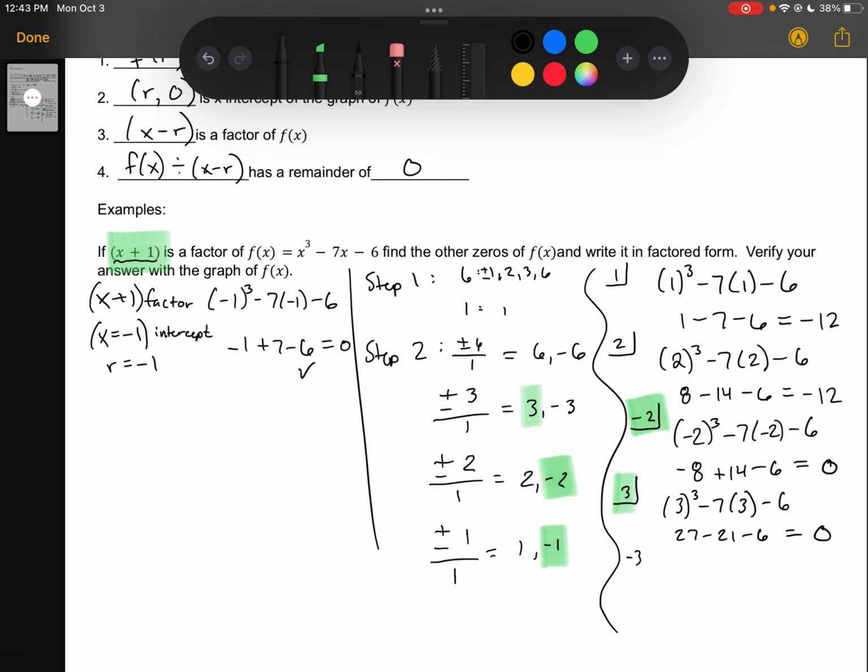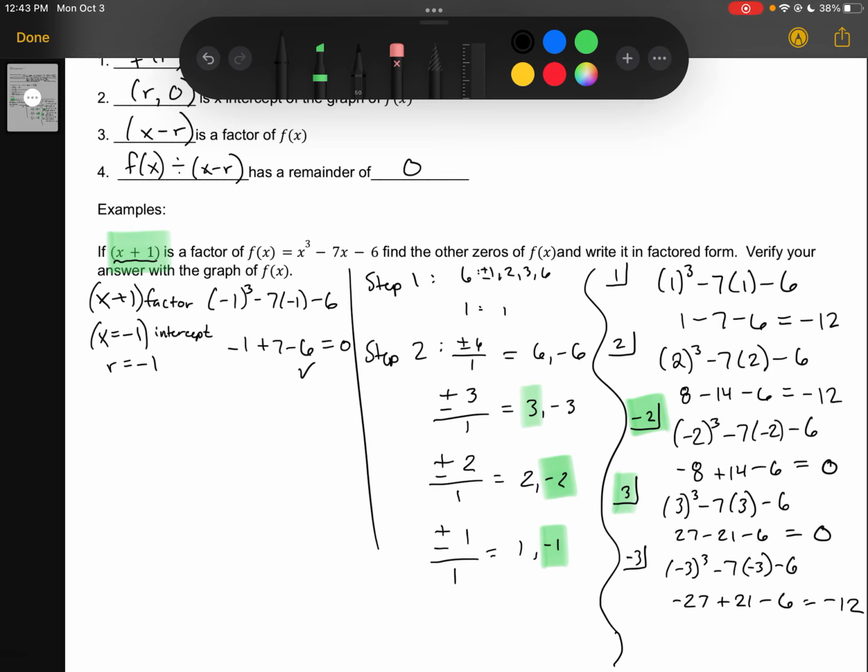Keep going to -3. Again, all this is just calculator math, things that you can plug in. You just have to be really careful with those negatives when you're plugging in. This one looks like -12, so -3 does not work.